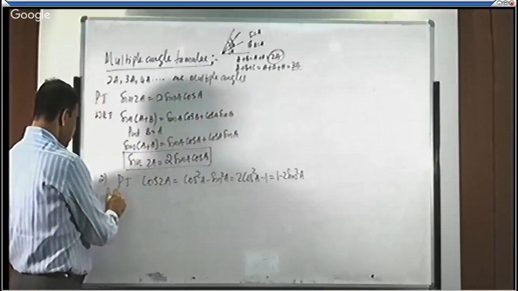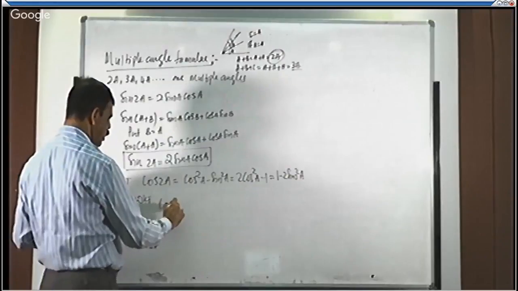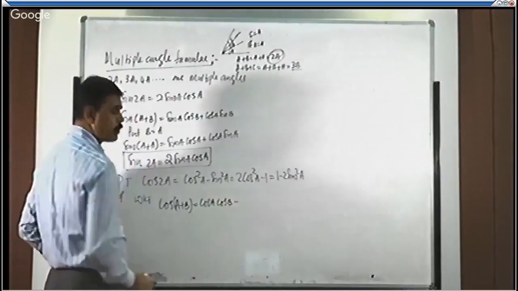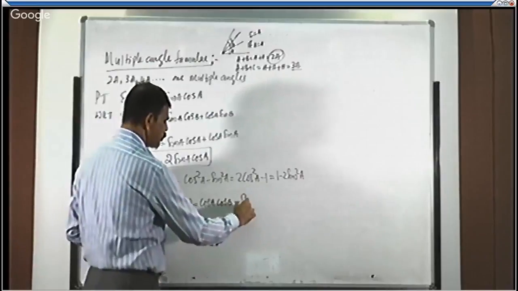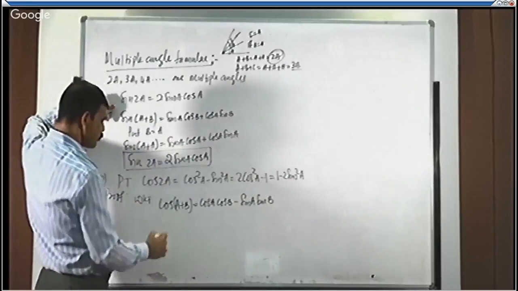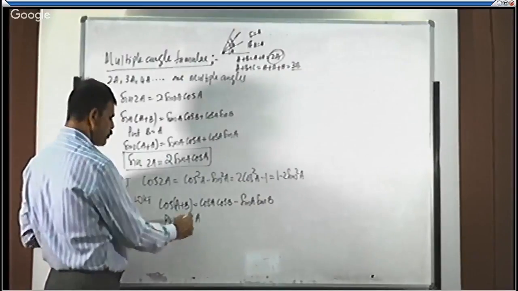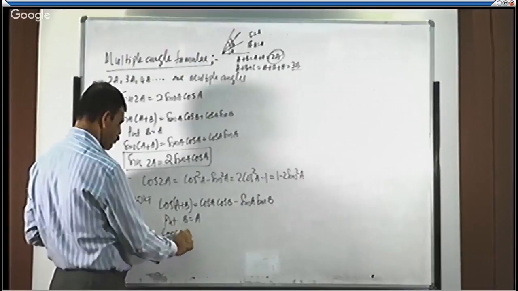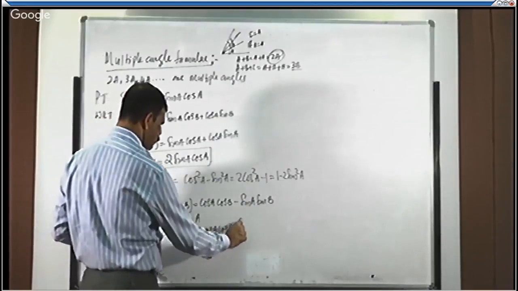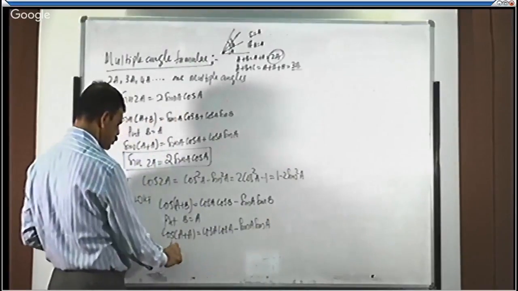Proof. We know that cos of A plus B is cos A cos B minus sin A sin B. Similar to the previous one, you just put B is equal to A. If I put B is equal to A, this becomes cos of A plus A is equal to cos A into cos A minus sin A into sin A. So cos A plus A is cos 2A.